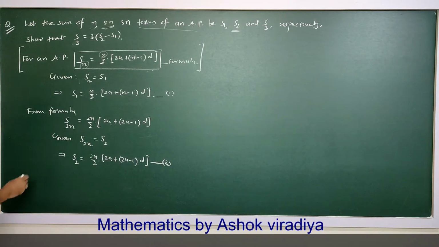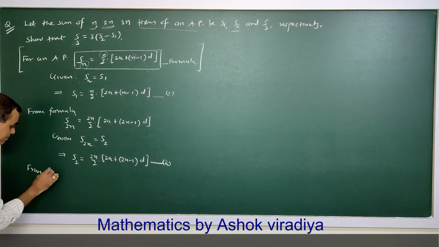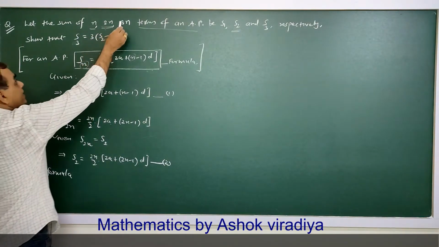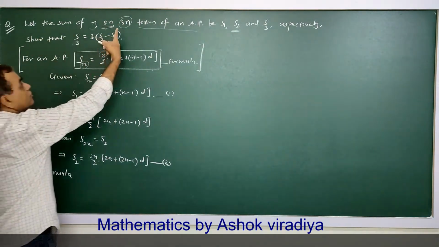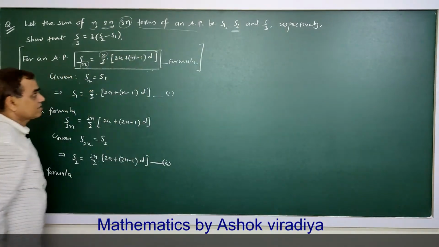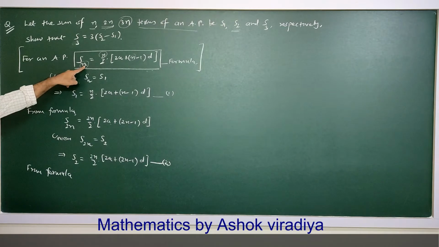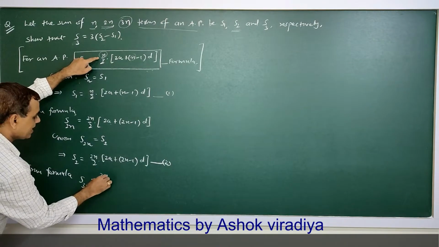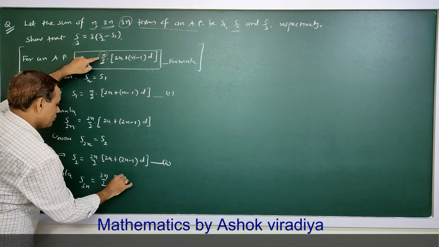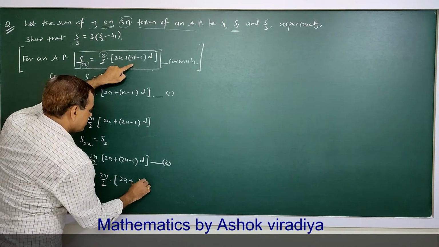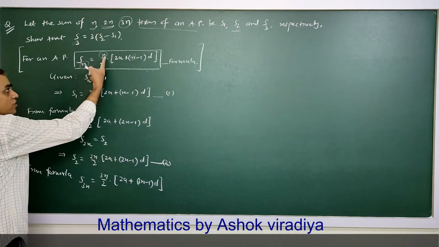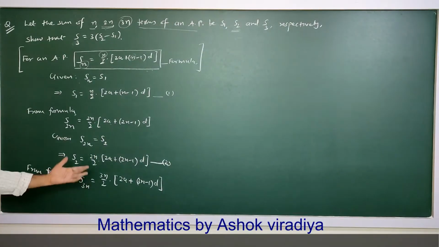Now again from formula, now I am finding sum of 3n terms of AP. So in this formula I have to put here 3n. So S3n is equal to 3n by 2 into 2a plus 3n minus 1 into d. So sum of 3n terms.